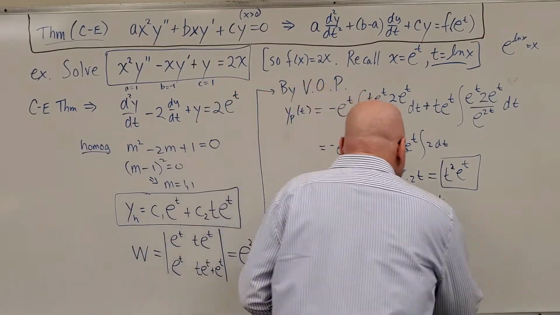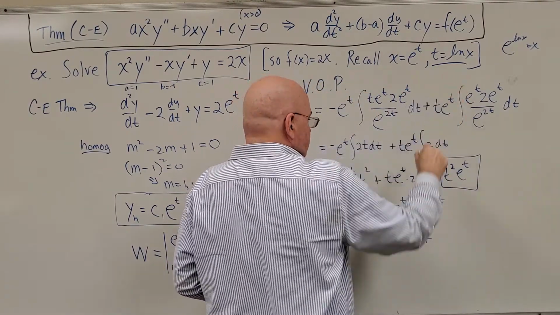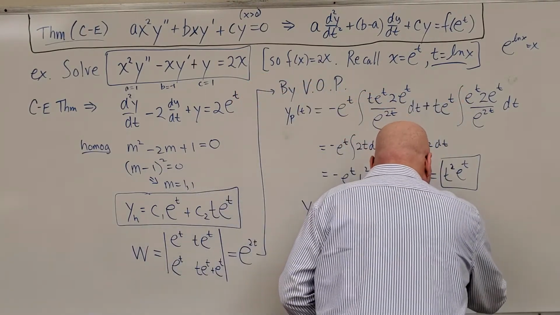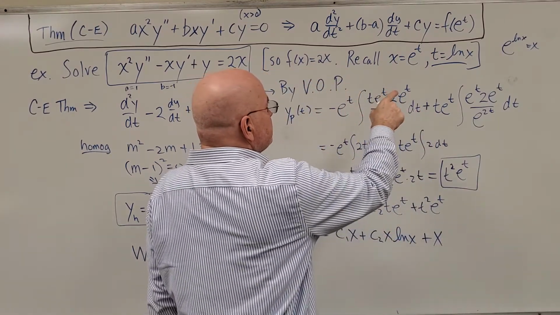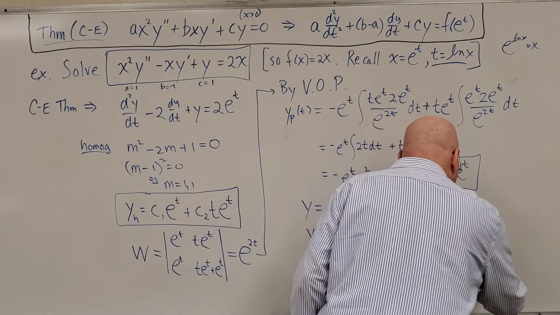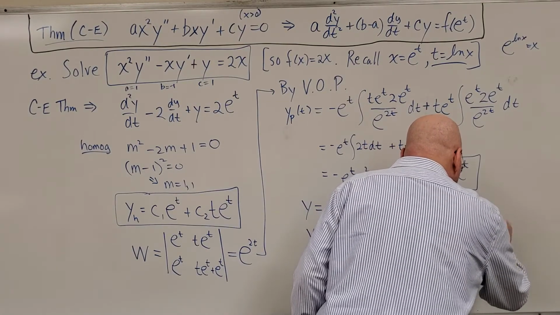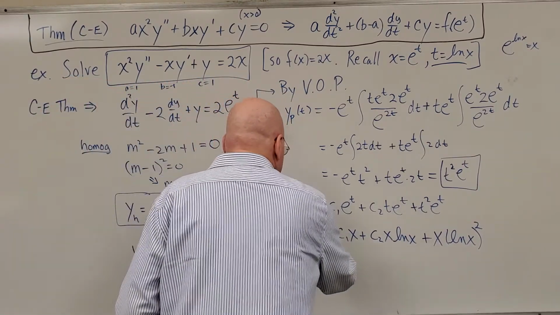And for the last one, we get e to the t is e to the ln x, which is just x, we knew that. And t is ln x, and then we need to square that. And that's the final solution.